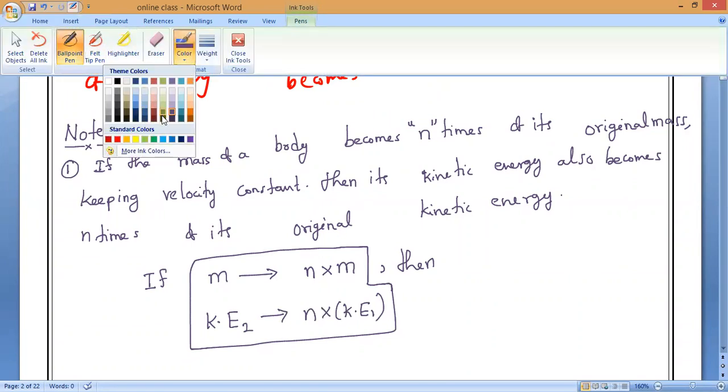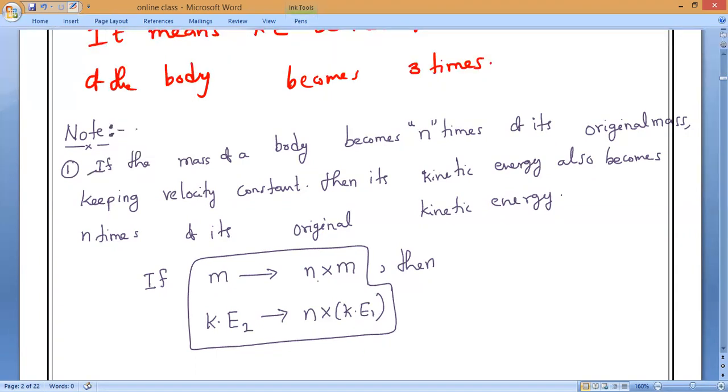Suppose I am saying now mass becomes double. So double means n equals what? N may come as anything. All of you should remember n equals 1, 2, 3, 4, 5 and so on. Also n equals 1 by 2, 1 by 3, 1 by 4, 1 by 5, 1 by 6 also.